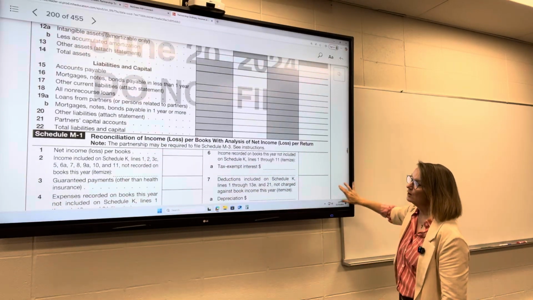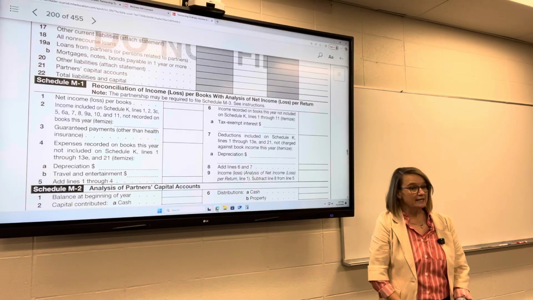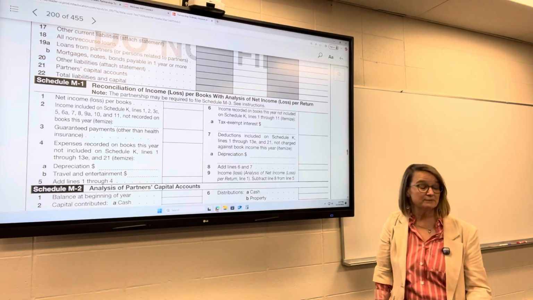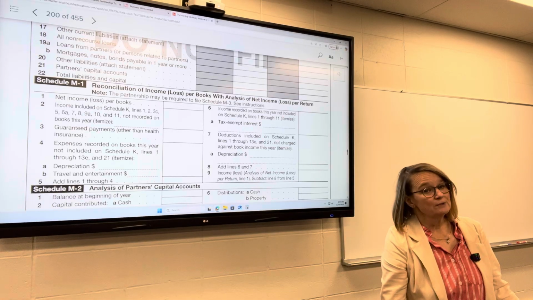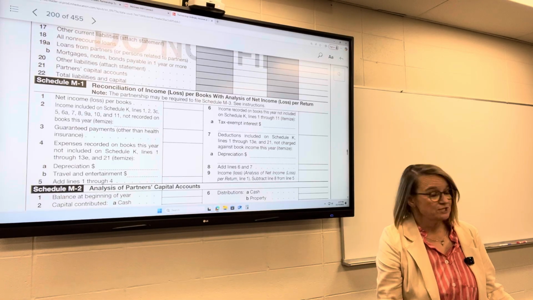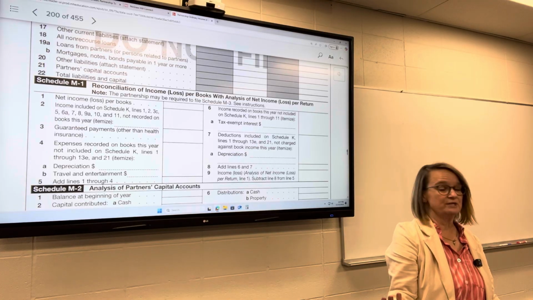Now, we also have a reconciliation between the books and the tax return because we have lots of different rules, right? Depreciation. We do not use financial accounting depreciation for tax purposes. We have a whole different depreciation regime that we use.